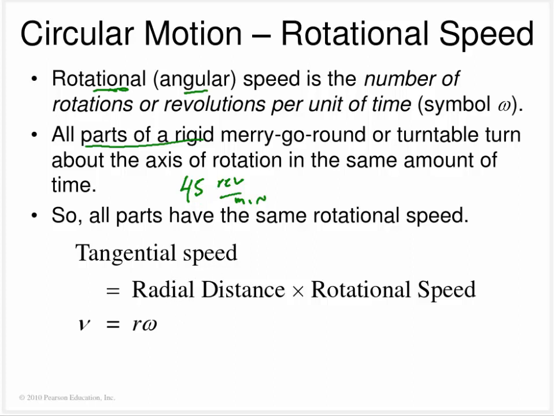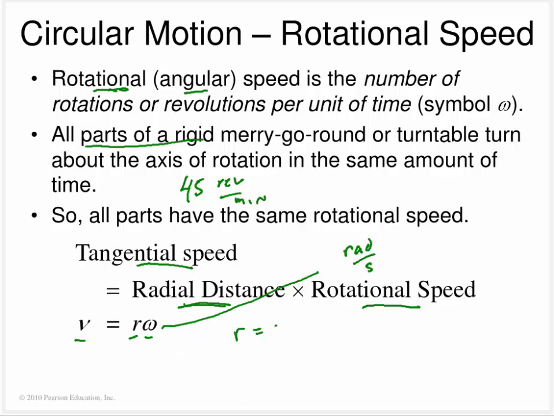The tangential speed is going to depend on the radial distance or how far away you are. We can say that the tangential speed is going to be equal to the radial distance multiplied by the rotational speed, or in shorthand, speed is equal to radius multiplied by rotational speed. And actually this always has to be in radians per second, but don't worry, I'll always give it to you in that.